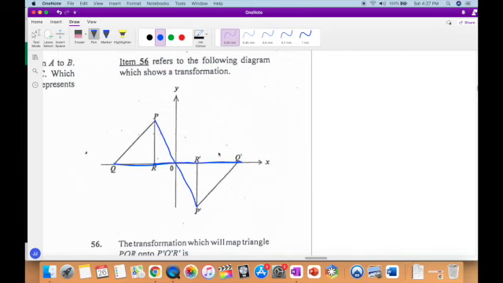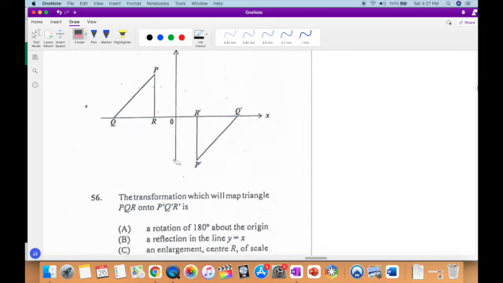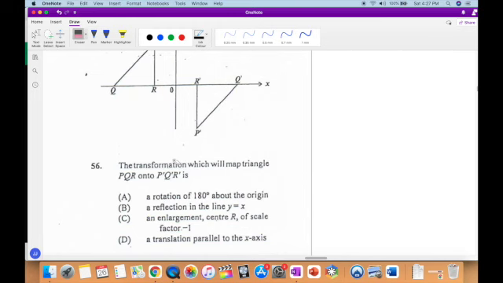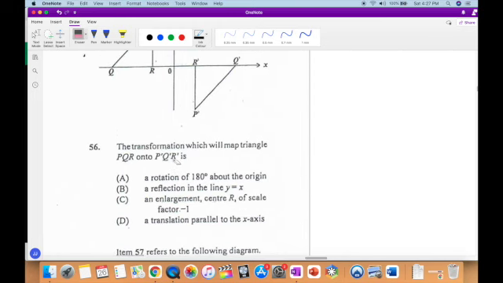It is most likely a reflection in the origin. So the transformation which will map that triangle to the image is a rotation of 180 degrees about the origin. Yes, that would do it.